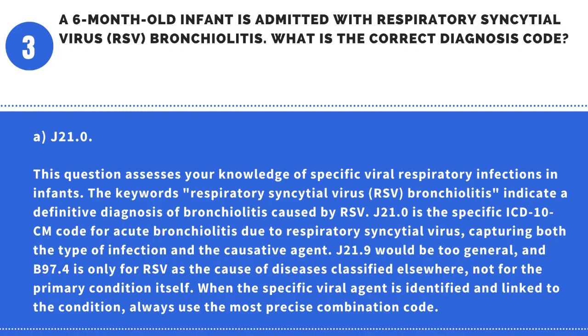J21.0 is the specific ICD-10-CM code for acute bronchiolitis due to respiratory syncytial virus, capturing both the type of infection and the causative agent. J21.9 would be too general, and B97.4 is only for RSV as the cause of diseases classified elsewhere, not for the primary condition itself. When the specific viral agent is identified and linked to the condition, always use the most precise combination code.